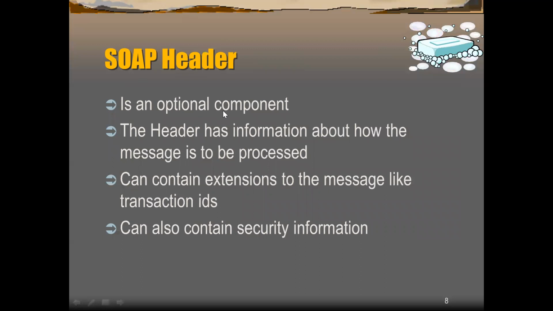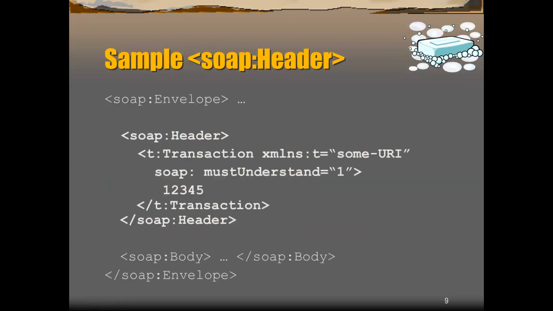So let us see the SOAP header. As I told you, it is an optional component and it has the header information. It can contain extensions to the message like a transaction ID, and it can also have some security information. That is the purpose of the header, and it is optional. This is the structure of the header.